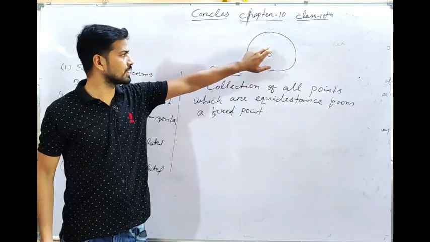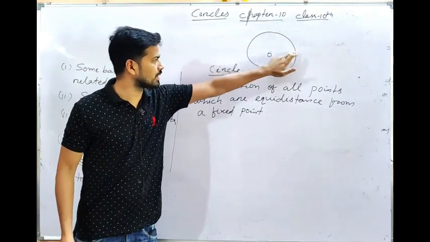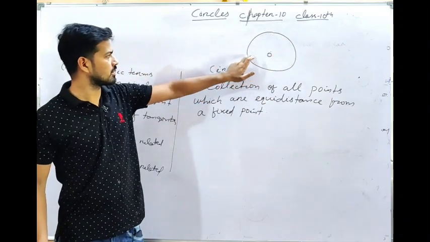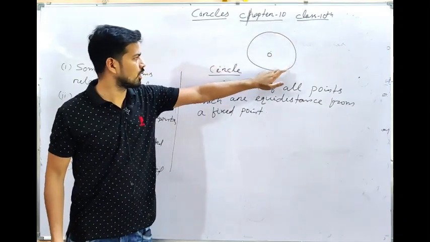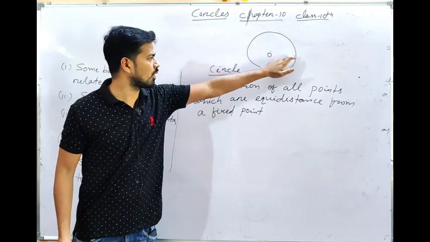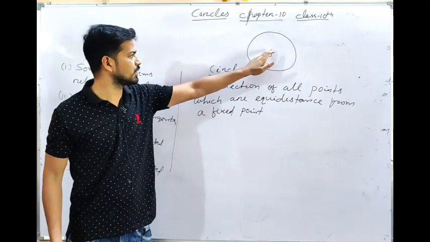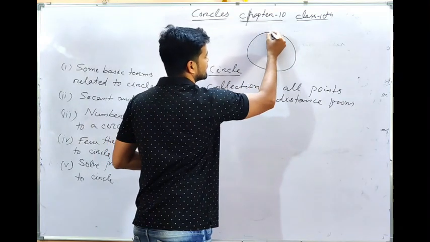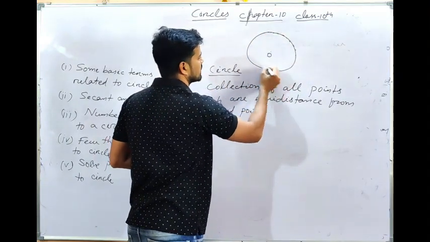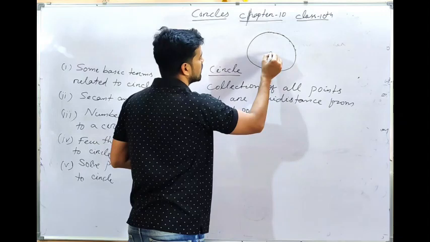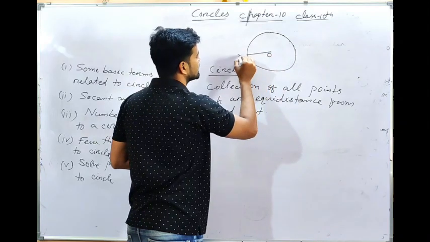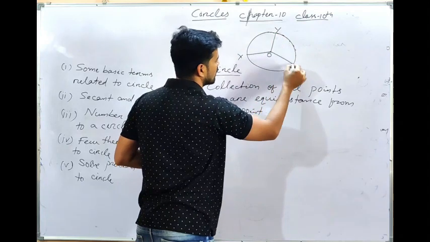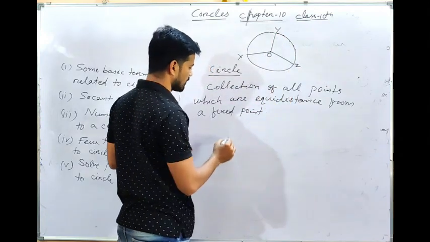You can notice that all the points on this particular curve are equidistant from O. That means all the millions of points on it will be at equal distance from O. That means OX will be equal to OY, which will be equal to OZ.